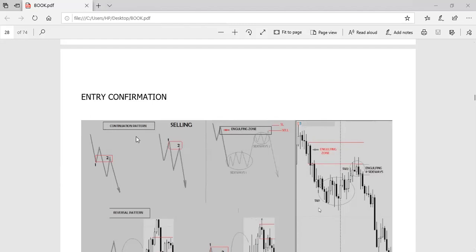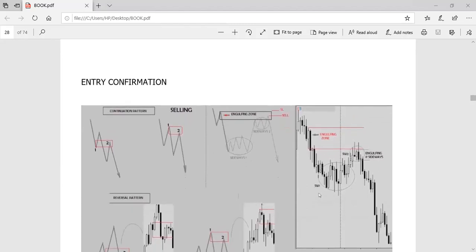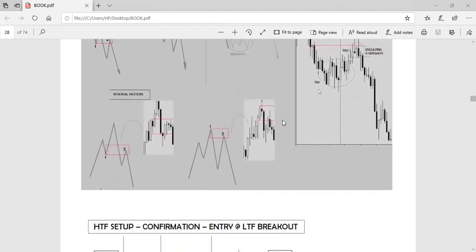Or you can use your continuation pattern. A price taking out, then a reversal will give you a good entry for sell. Then we have this as a reversal pattern.